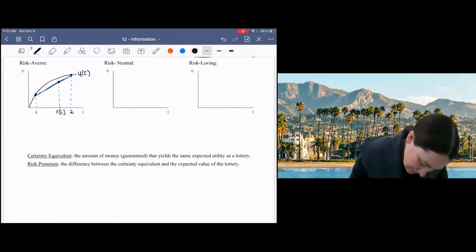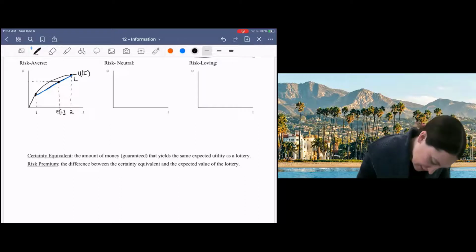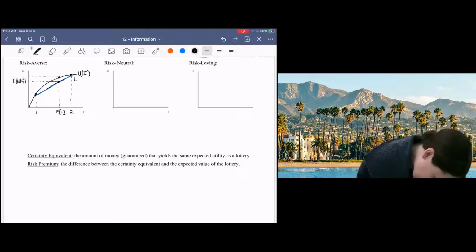Here, along this line representing the lottery, we get the expected utility of the lottery. And up here, we have the utility of the expected value of the lottery.